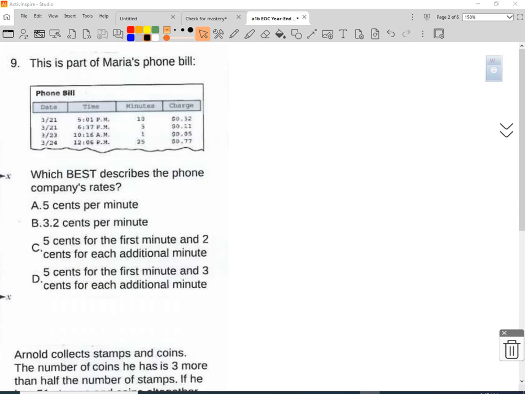So what did they charge her for 1 minute? 1 minute, there was no argument. They charged her 5 cents for that first minute, right? So 1 minute would be the first minute. So we can already rule out A and B. We know it can't be those. So is it this one or is it this one? We already know it's 5 cents a minute. We just need to know how much it's going to increase.